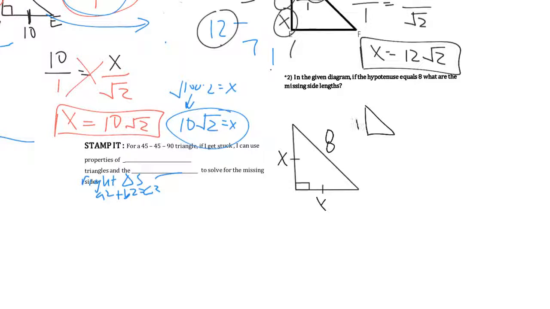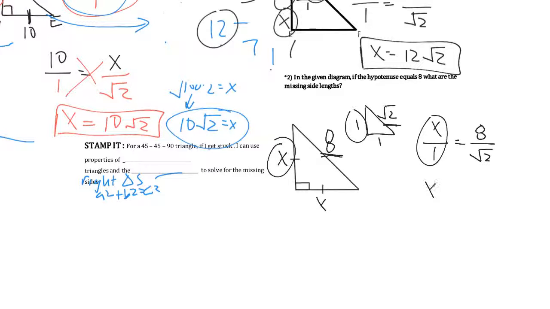Well, I know my rule triangle is 1, 1, radical 2. So I'm going to set a proportion, x over 1 equals 8 over radical 2. Now anything over 1 is just itself, so x equals 8 over radical 2. So that one's pretty easy. However, we learned in the beginning of this unit, we can't have a radical in the denominator.